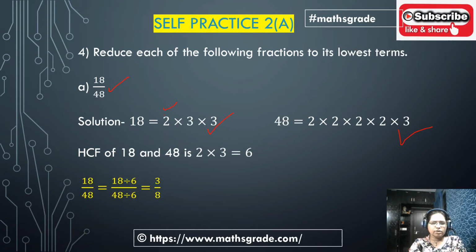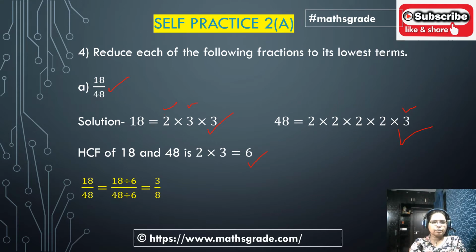In 18 there are two 3's, and in 48 there is only one 3, so we write down only one 3. So the highest common factor of 18 and 48 is 2 multiplied by 3, which is 6.